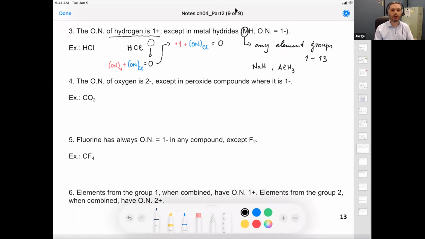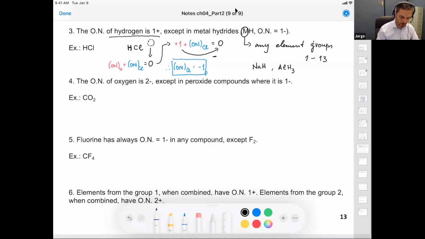What's the only number possible for the oxidation number of chlorine? The 1 will move to the other side, changing the sign. Therefore, the oxidation number for chlorine is equal to minus 1, or 1 minus. Doesn't matter here.